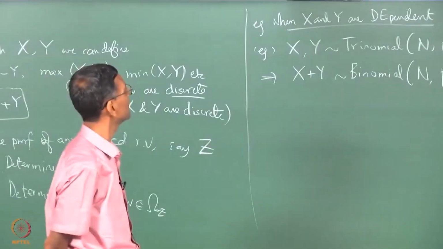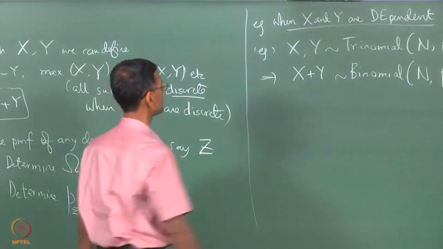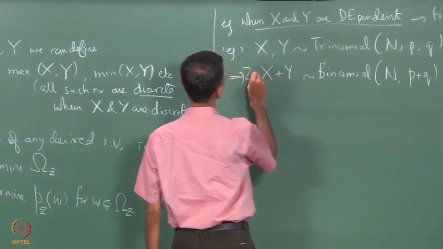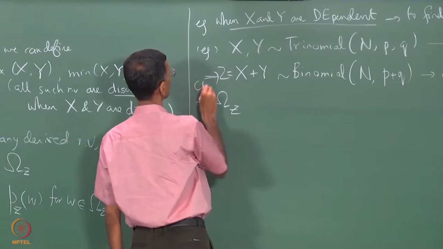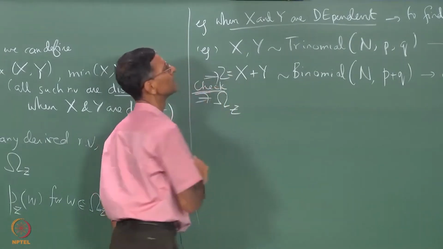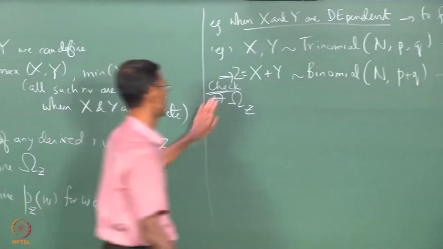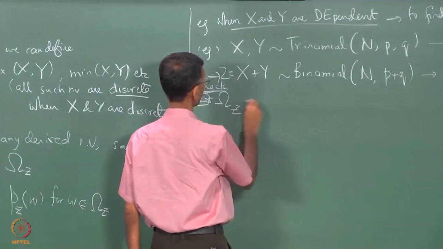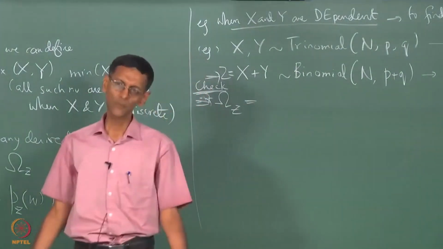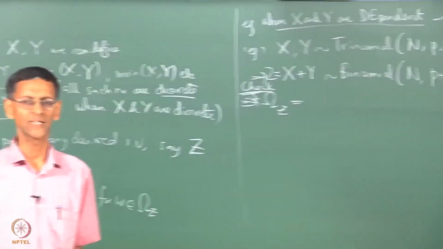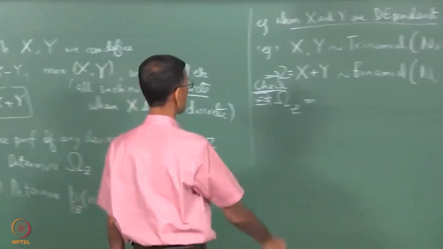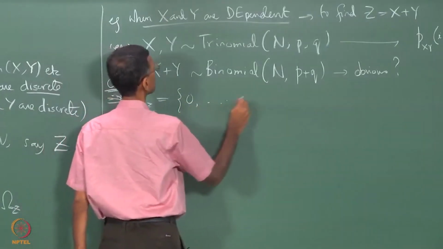So here x and y are both integer valued. So what is omega z? I am going to check this result. Both x and y need not happen at all, so obviously z can start from 0, or both x and y can be 0. So omega z starts from 0 and goes all the way up to n.